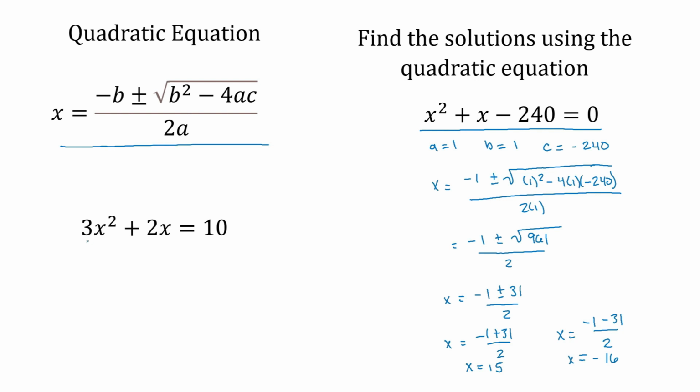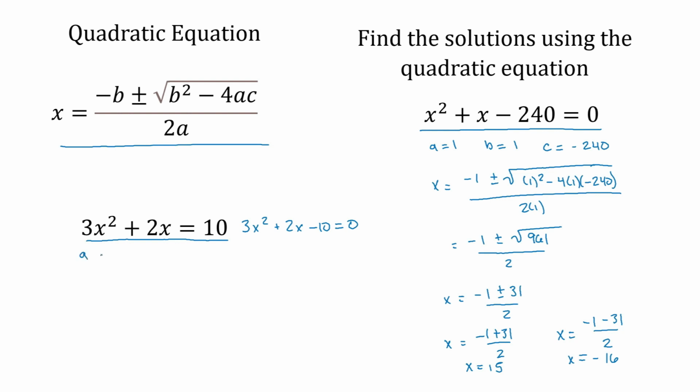Okay, let's use the quadratic equation on this quadratic right here. Now notice it is not set equal to 0, so that is the first thing that I must do. I am going to put this quadratic in the proper form. Again, if you forget to do this step, you're going to end up with a c value of 10 instead of -10.